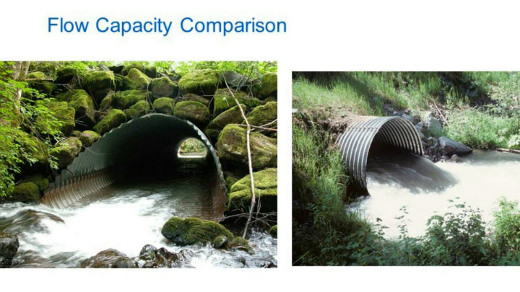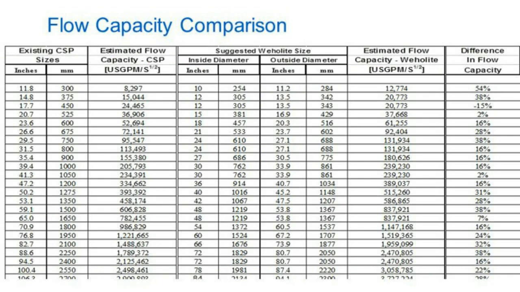But just to give you an example of flow comparison, this flow comparison chart can be used to help determine what size culvert will fit and meet your needs from a simple flow through the barrel perspective. As an example, if we look at a nominal size CMP of 84 inches or 2,100 millimeters, based on flow alone, this could be relined with 66-inch or 1650 millimeter Weholite and have 32% greater flow.